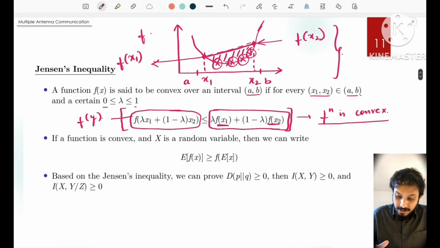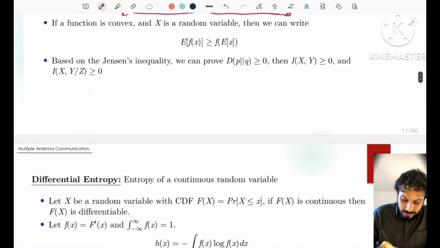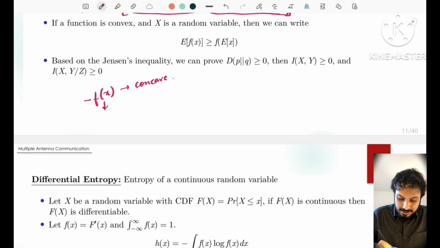And on the other side, if we want to see what if the function is concave, if we take the negative of the convex function, we say that the function is concave. Here f(x) is convex function, the negative of f(x) is concave.